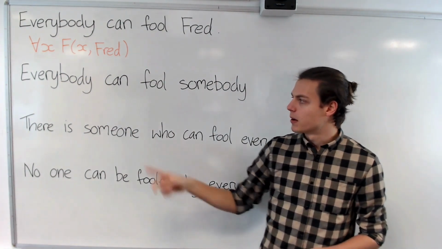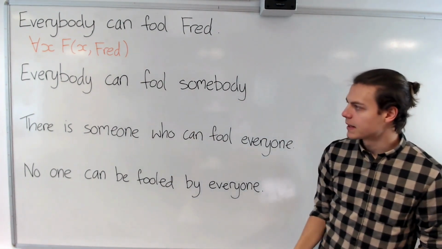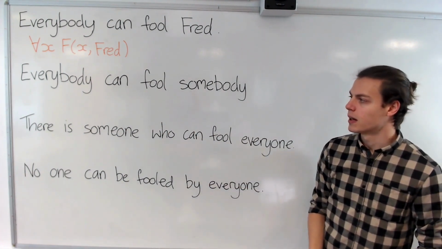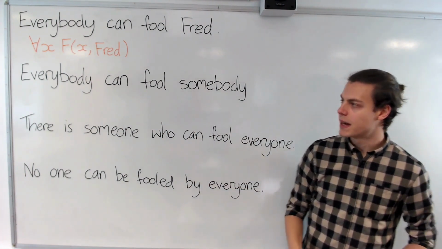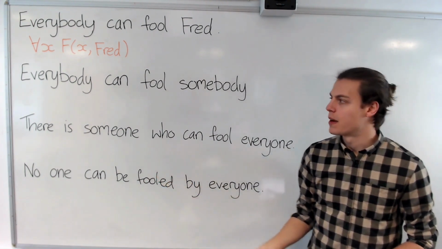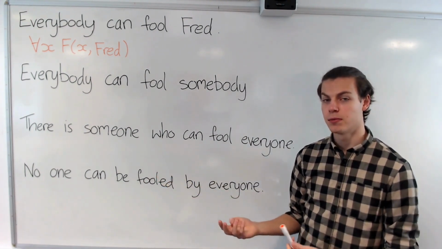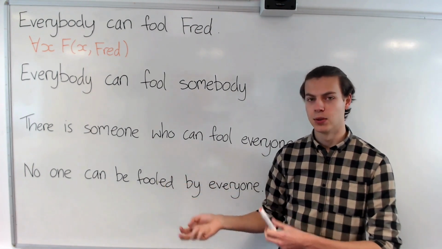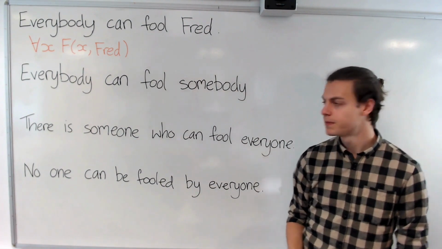Now our second statement says everybody can fool somebody. So again, if we take any person x, then there is some person, say y, such that x can fool y.